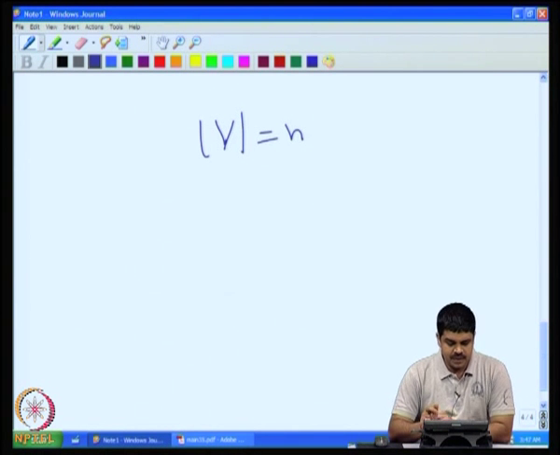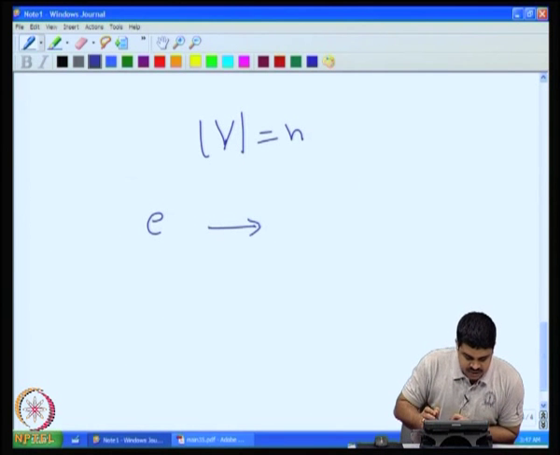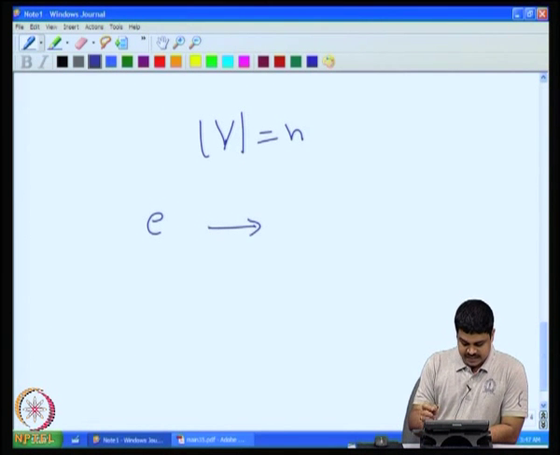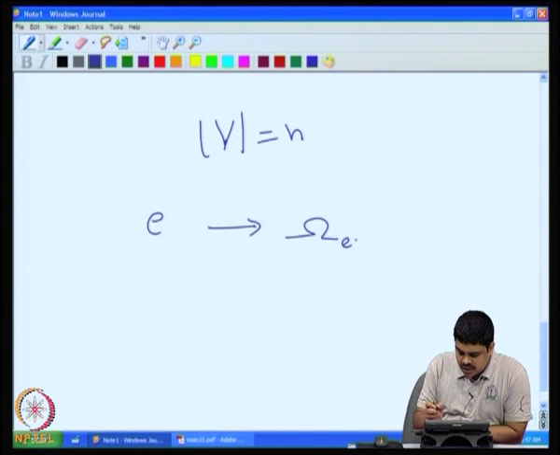So suppose e is an edge, and then we will associate a small probability space with that edge itself. We will call omega e the set of outcomes, namely 1 e and 0 e.